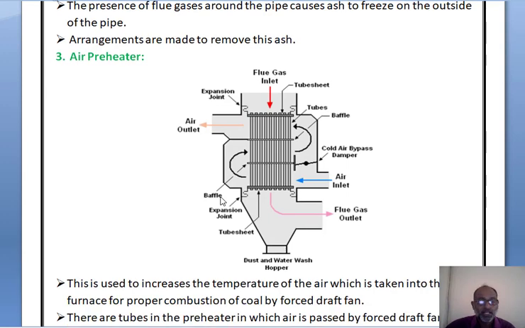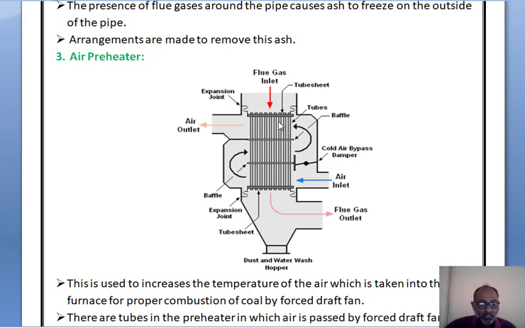Next, air preheater. This is used to increase the temperature of the air taken into the boiler furnace for proper combustion of coal by the FD fan, that means forced draft fan. Now there are tubes in the preheater.